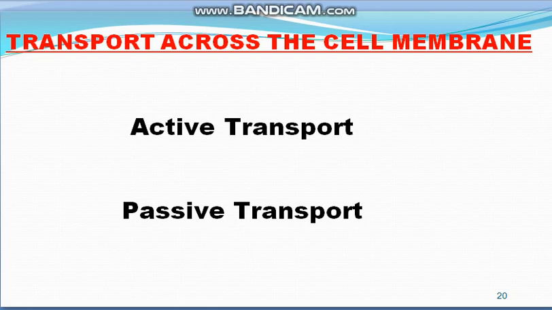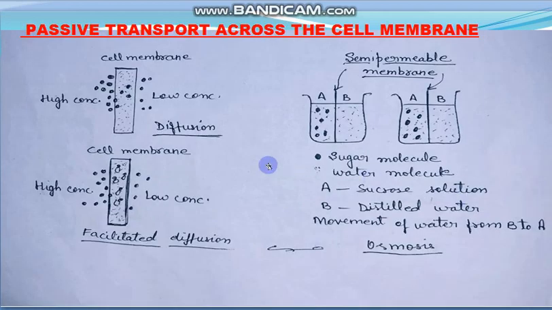What are those ways? They are diffusion, then osmosis, and the third one is facilitated diffusion. So passive transport across the cell membrane occurs by these three means, that is diffusion, osmosis, and facilitated diffusion.